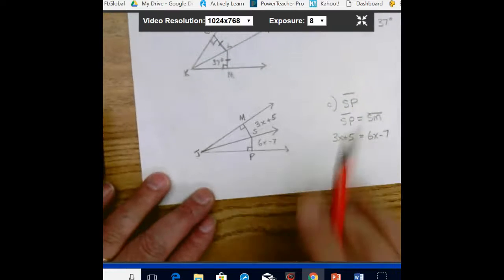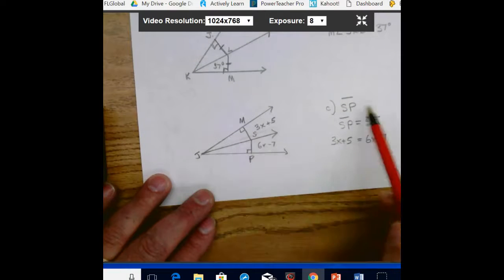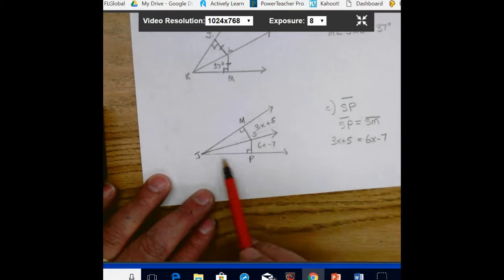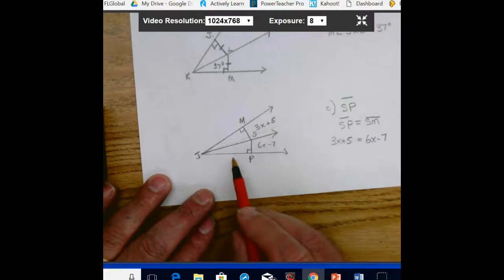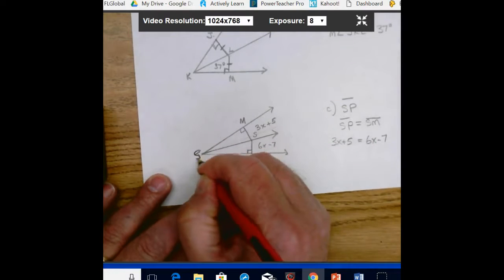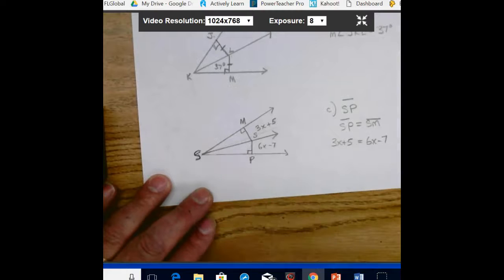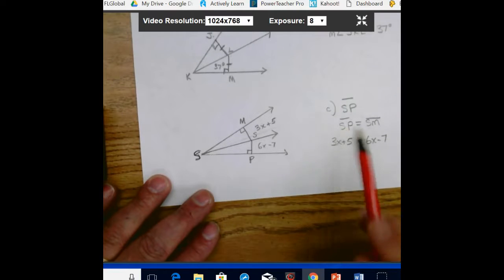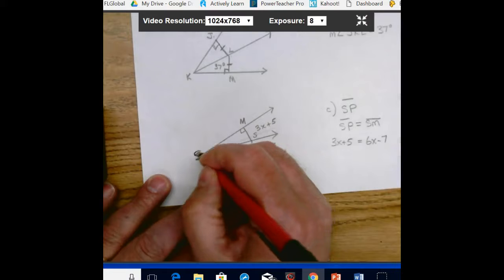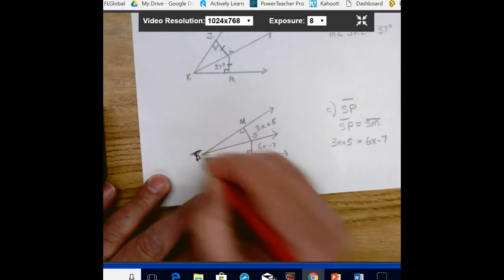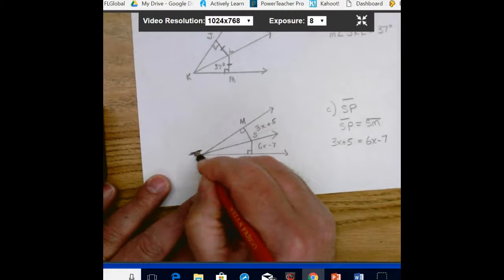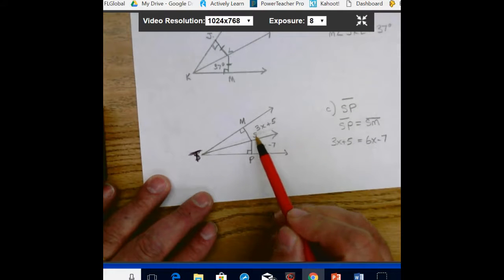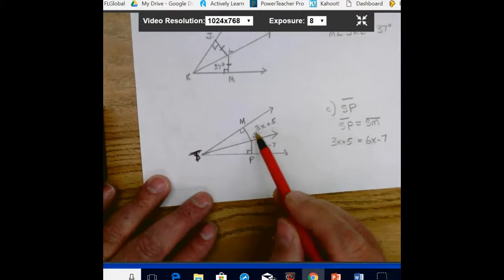Last one here. So we have this one. It wants to know what is the length of SP. Where's SP? Right here. Okay. Oh wait, this is not SP. Let's leave this T. Okay, so this is T, sorry about that. So we have S here, SP, and SM.